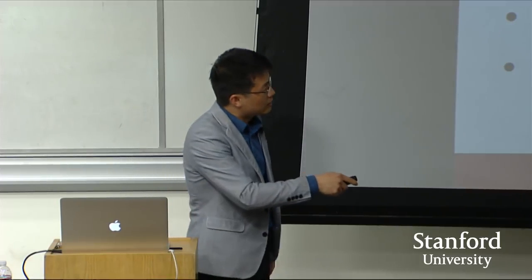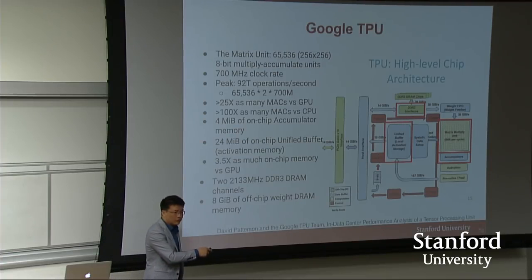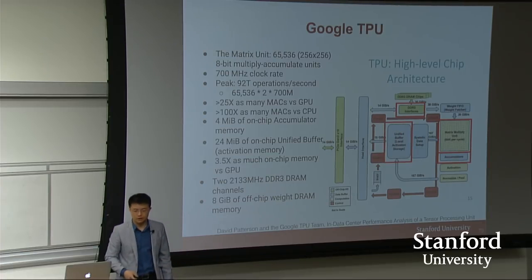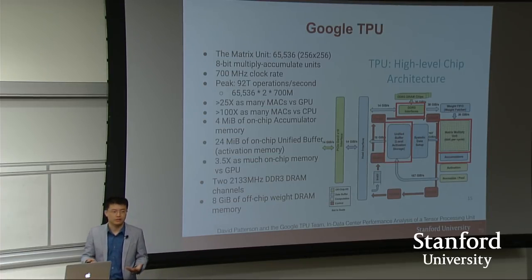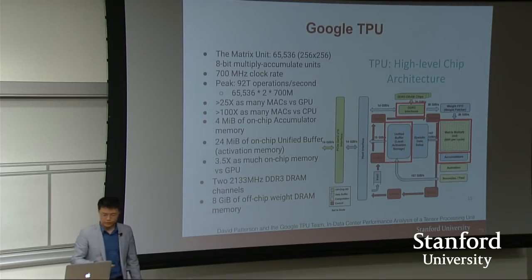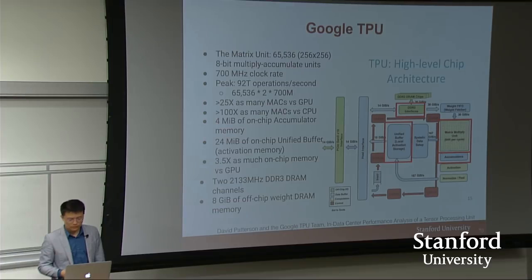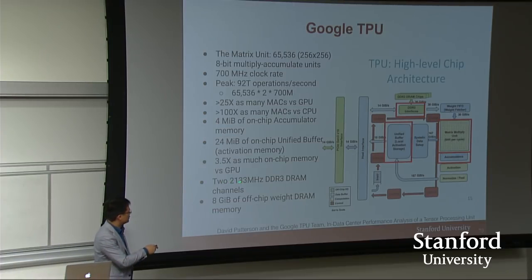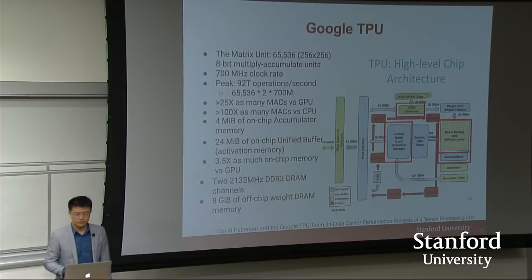And notice the TPU has a really large software-managed on-chip buffer. It is 24 megabytes. The L3 cache for the CPU is usually 16 megabytes. This is 24 megabytes, which is pretty large. And it's powered by 2 DDR3 DRAM channels.